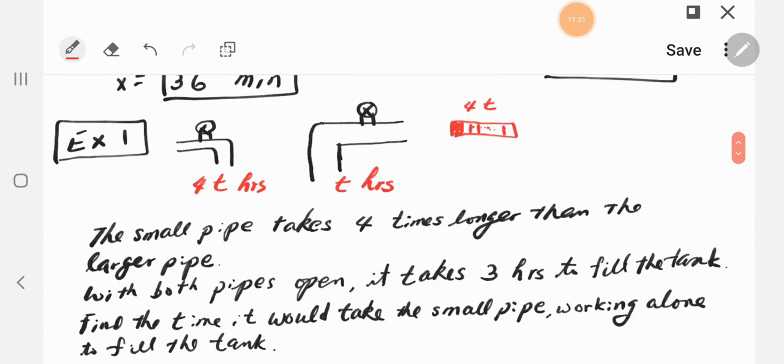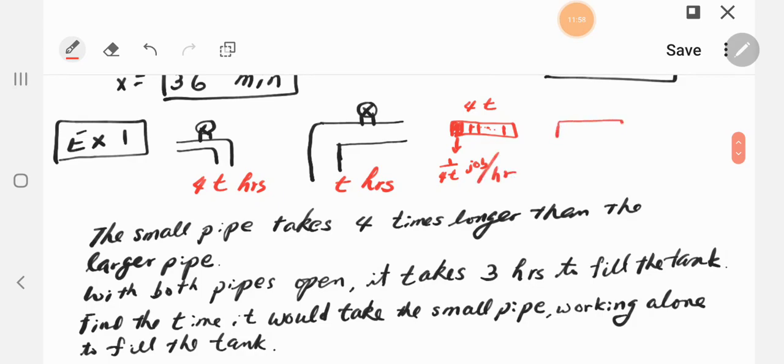I don't know what the value of T is. So each piece represents the number of jobs that will be done per hour. So the smaller pipe will complete 1/40 of the job per hour.